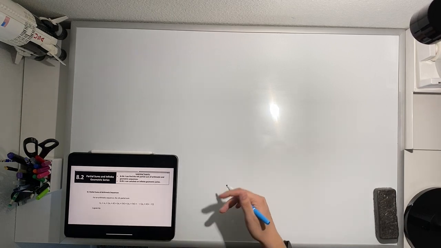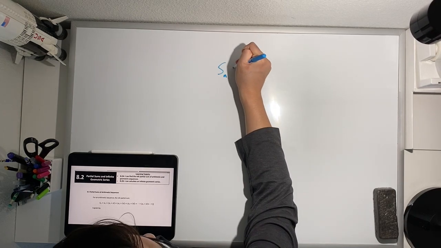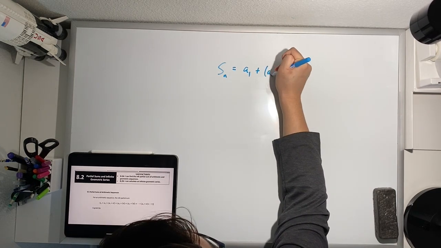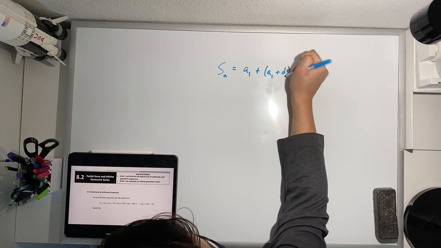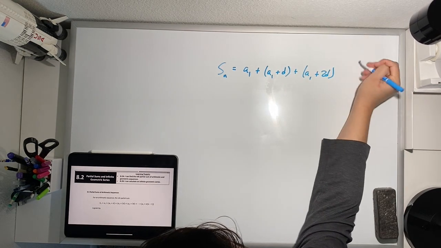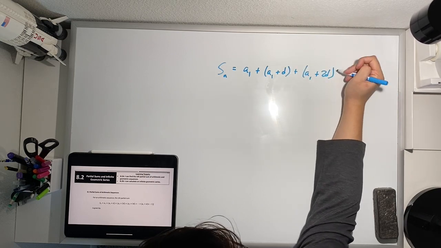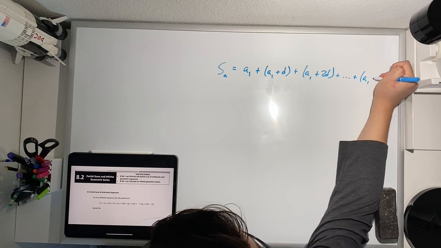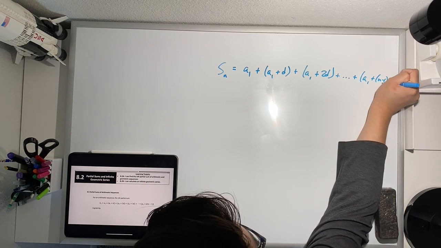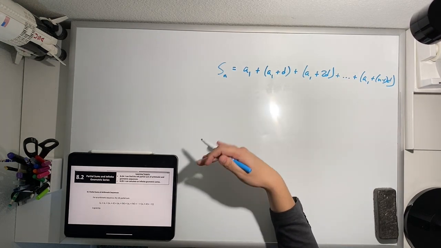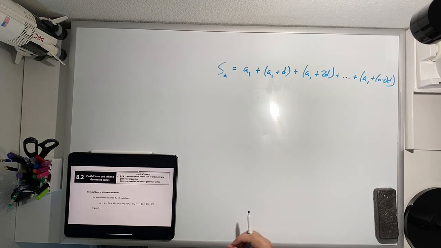So the nth partial sum of an arithmetic sequence, well, that's going to be the first term plus the second term, plus the third term, since we're just adding that common difference each time, plus all the way to the nth term. Now, we could just sit here and figure out all of these terms and add them together.